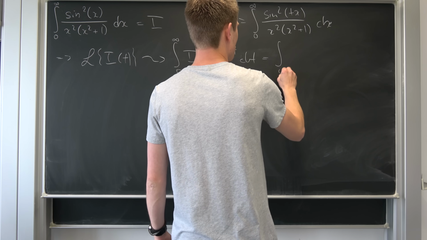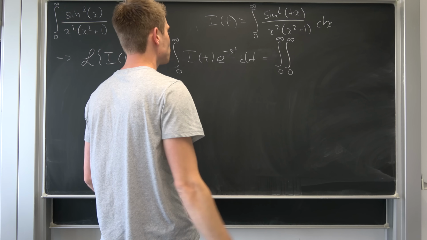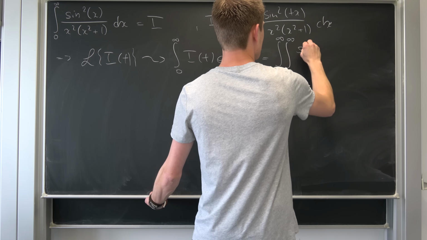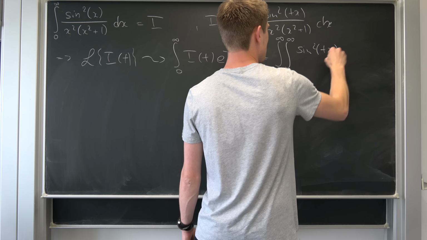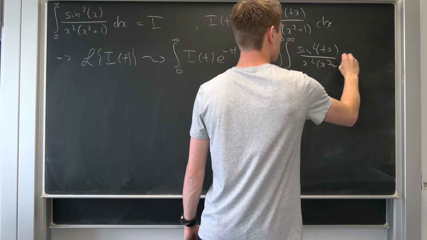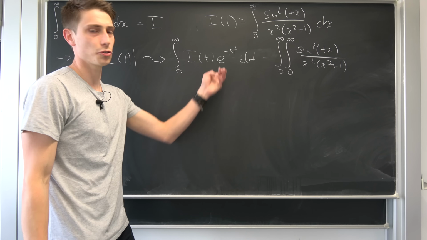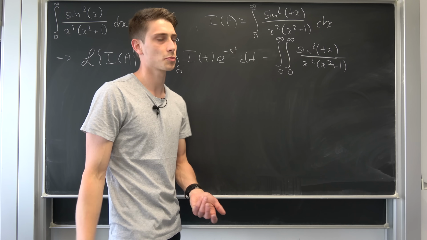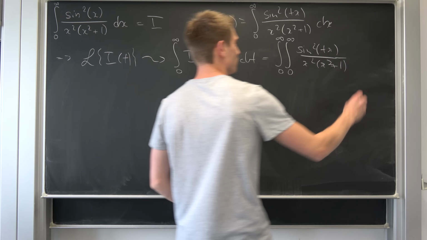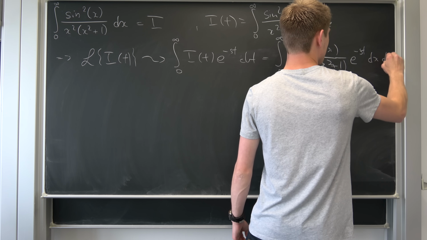So now it's the improper integral from 0 to infinity, and then the improper integral when x goes from 0 to infinity of sine squared t times x over x squared plus 1 dx, but e to the minus st is just a constant in terms of x, so let's bring it to the side. e to the minus st dx dt.